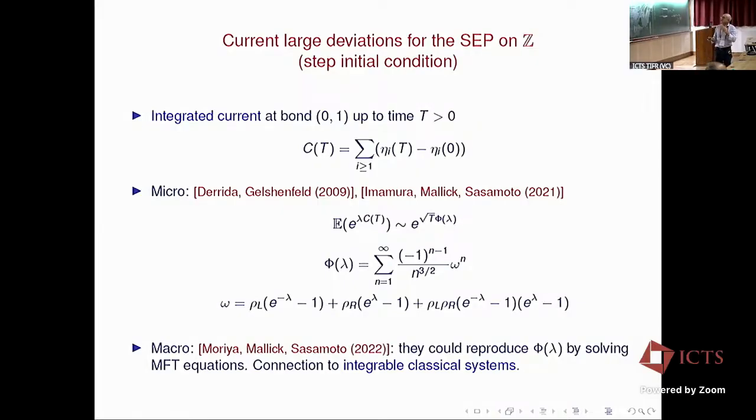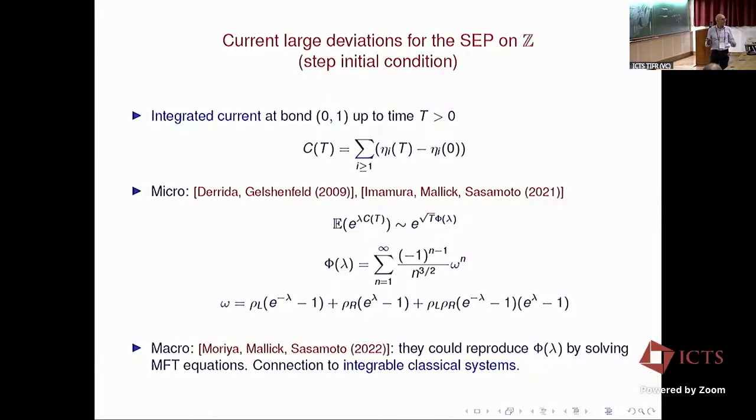Then the microscopic computation for the cumulant generating function of the current, which is given by this explicit expression, again agrees with what one obtains from the macroscopic fluctuation theory by solving the macroscopic fluctuation theory equations, as was done recently. And this also lets emerge the connection to an integrable classical system, which is at the base of this new solution.